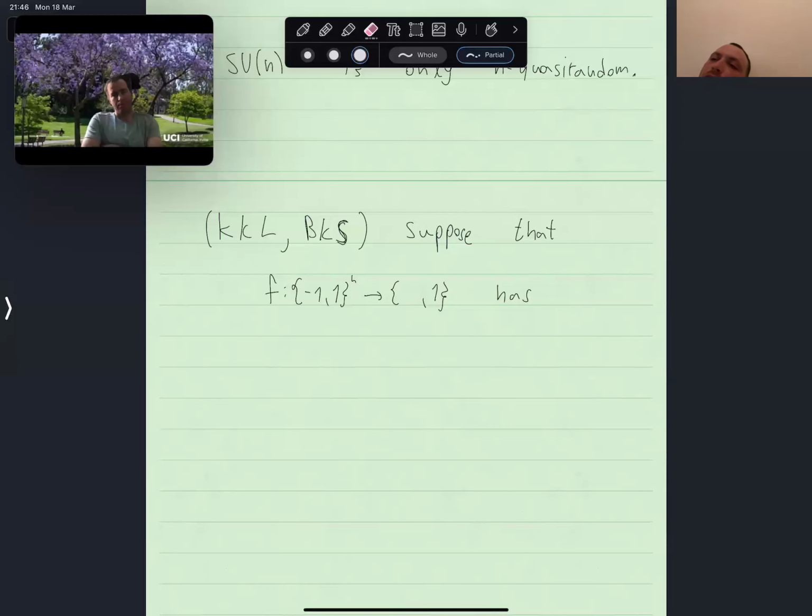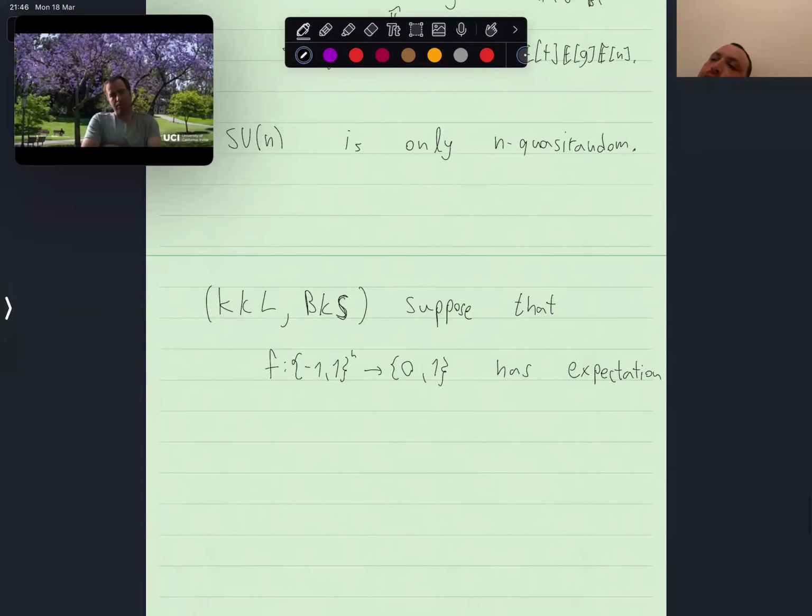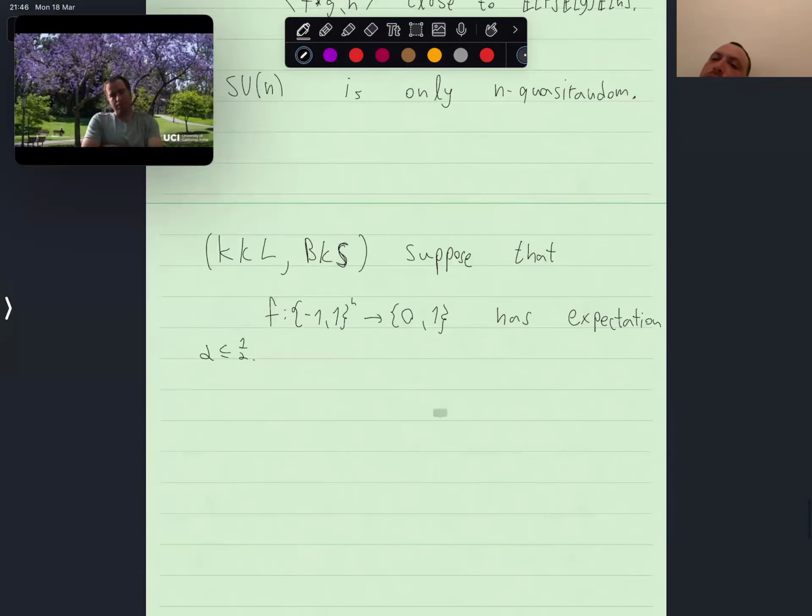Actually, it's more convenient to write it like that. So suppose it has expectation alpha, which is at most 1/2, and a Fourier expansion.